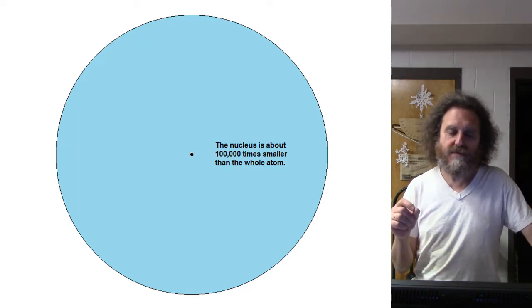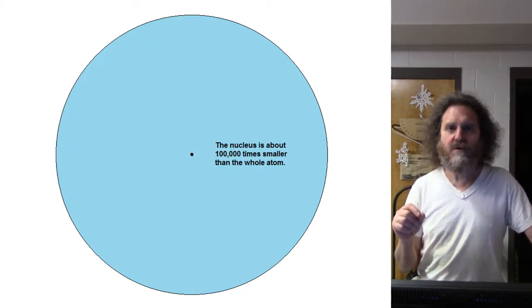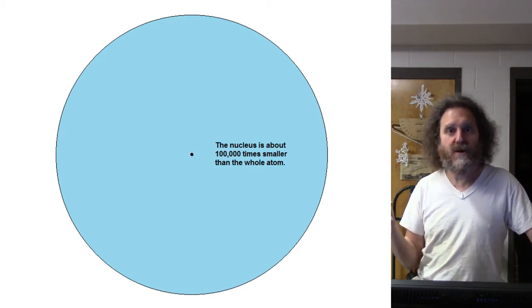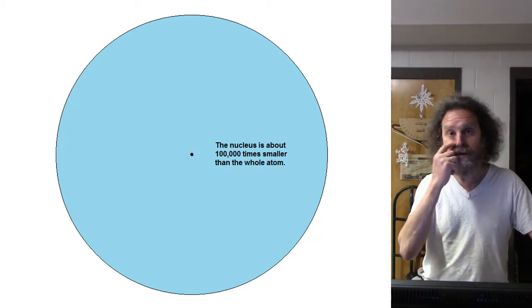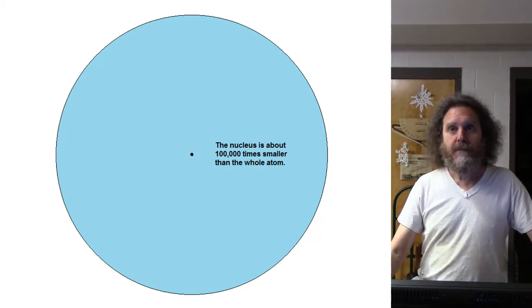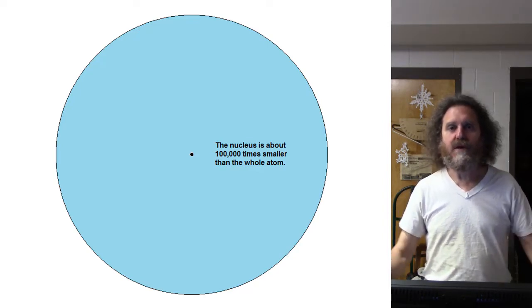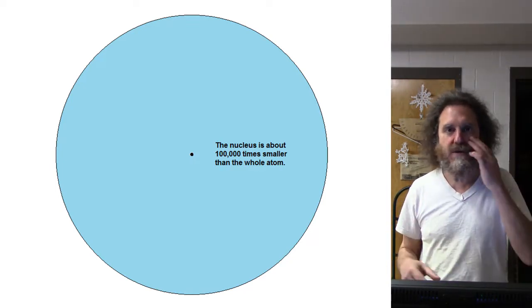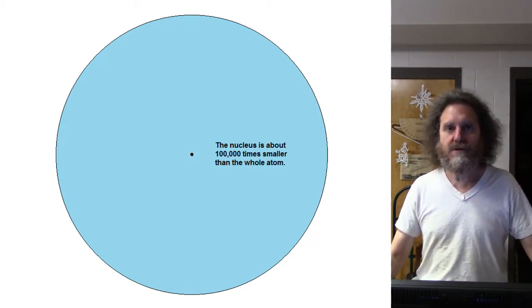And the fact that it's so much smaller than the whole atom tells you some things about how different nuclear processes are from chemical processes. A chemical process is one like a chemical reaction, like the combustion of methane, where the atoms in the molecules rearrange themselves into other molecules and energy can be either absorbed or released.